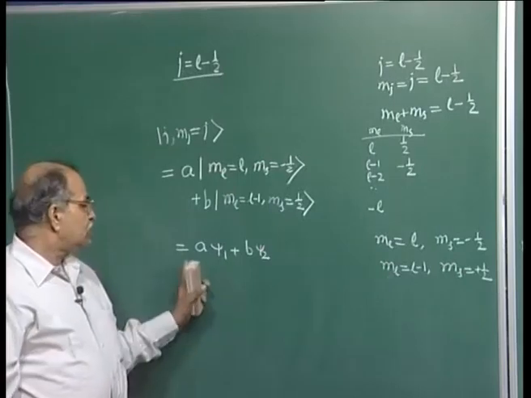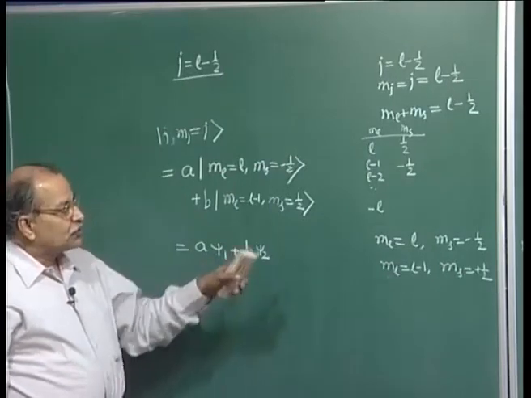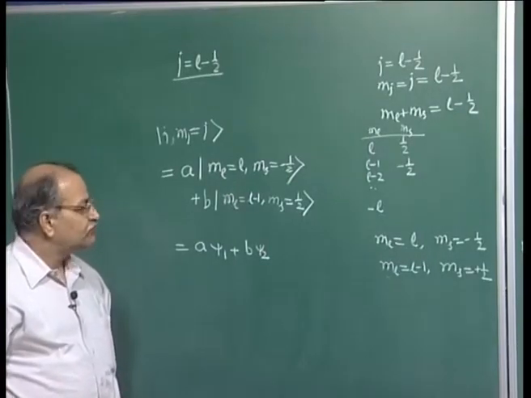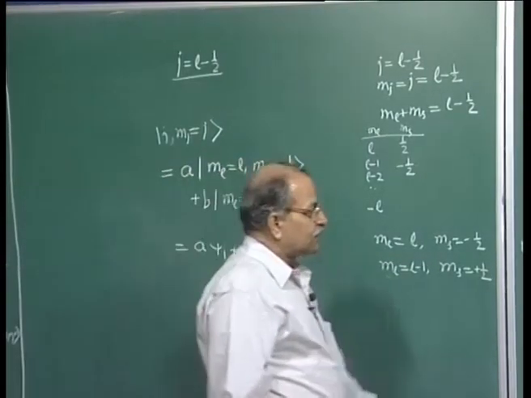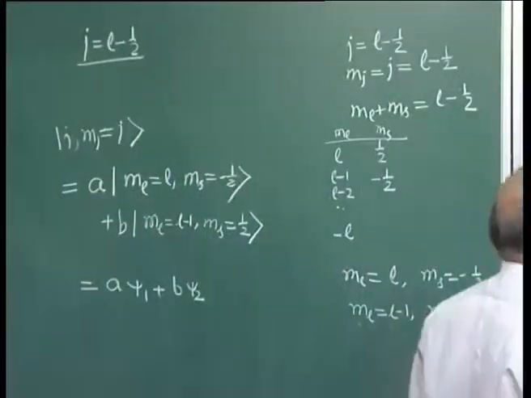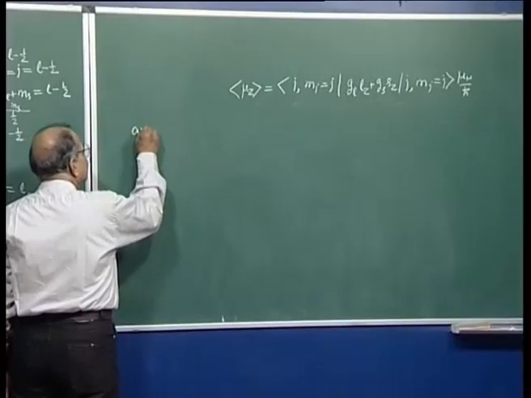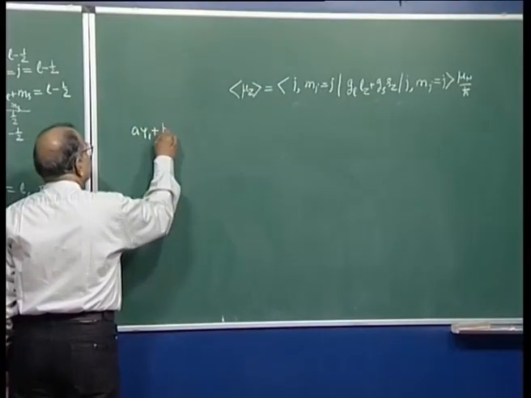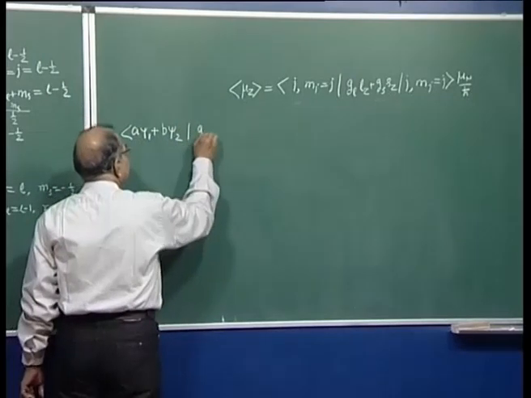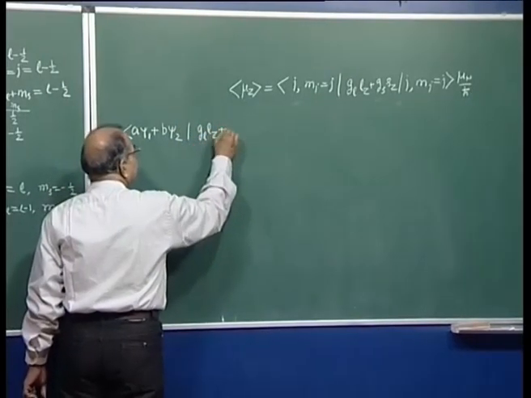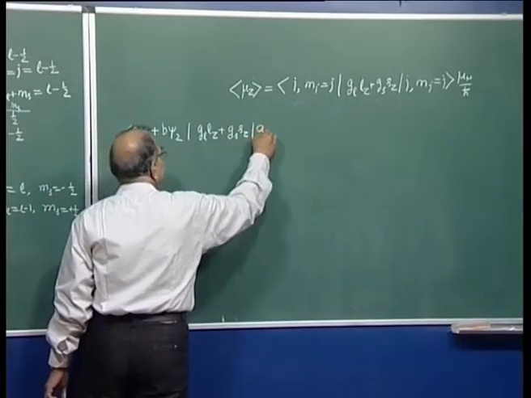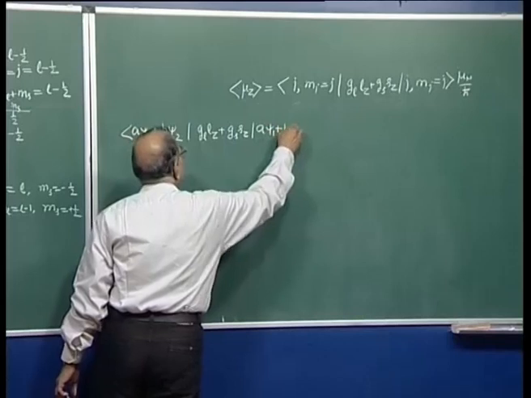If I use this wave function to evaluate the expectation value of mu z, let us see what happens. So, let me remove all this. Now, I have a psi 1 plus b psi 2, and then GL Lz plus GS Sz, and on this side a psi 1 plus b psi 2.